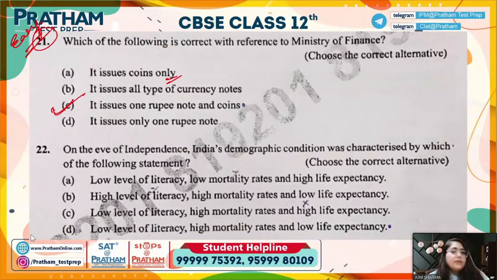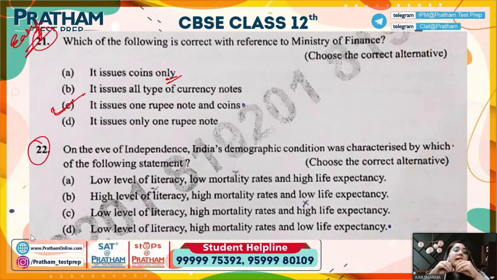Pretty easy question. Now question number 22 we have for you. On the eve of independence, India's demographic condition was characterized by which of the following statement? Now you have been given few alternatives and you need to identify कि at the time of independence, ये बात हो रही है 1950s 51 की, कि इंडिया का demographic condition कैसा था. Now this also we have studied in one of the video lectures which we do on Pratham's channel.